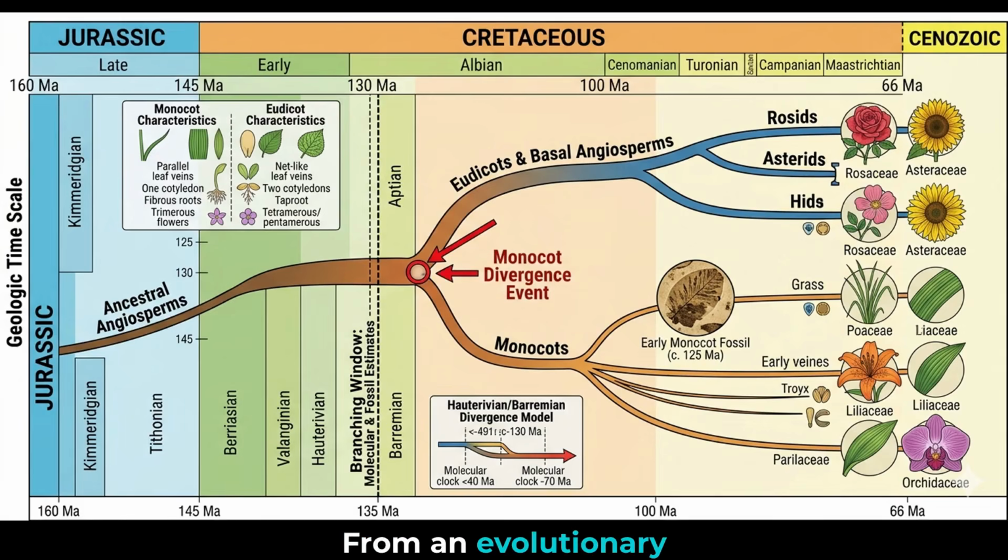From an evolutionary perspective, monocots are fascinating. They evolved after early flowering plants, with adaptations that allowed them to thrive in open, sunny, and seasonal environments. Their fibrous root systems and long, narrow leaves make them highly efficient at capturing water and nutrients in challenging conditions.